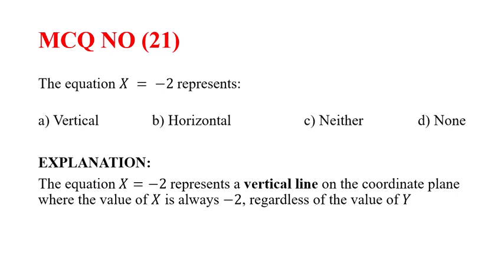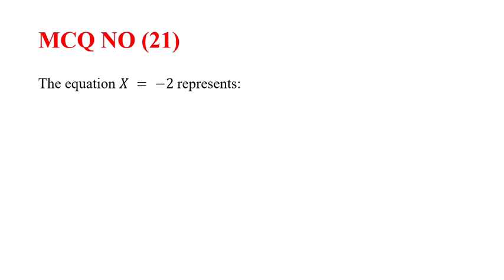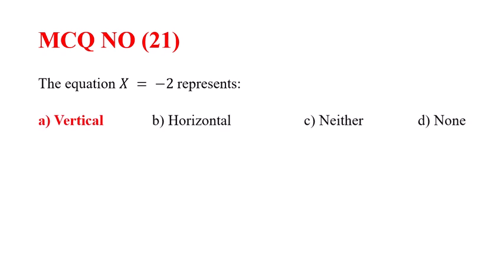Again it is x, so the line is vertical. It represents a vertical line on the coordinate plane where the value of x is always minus 2 regardless of the values of y. The final answer of MCQ 21 is option A, vertical.